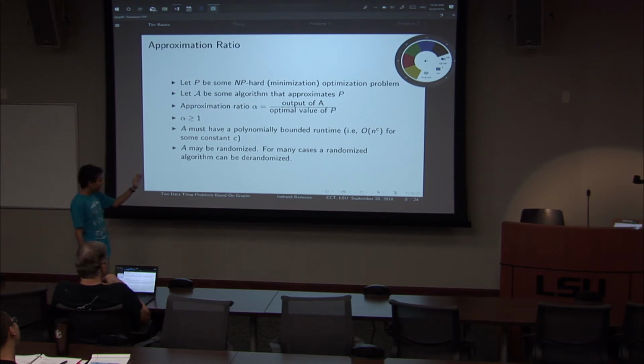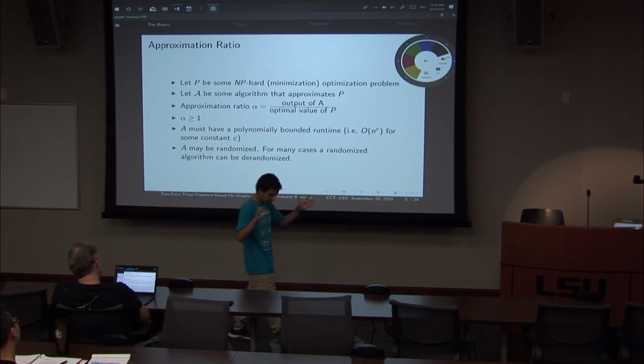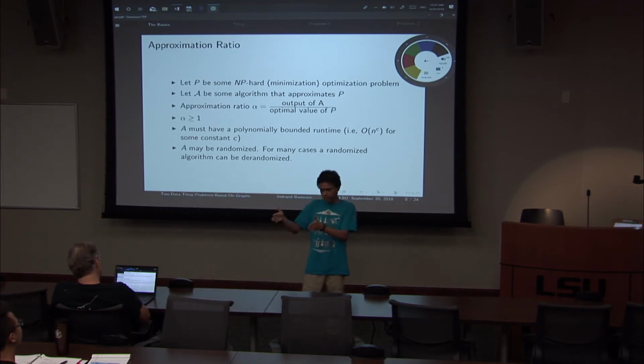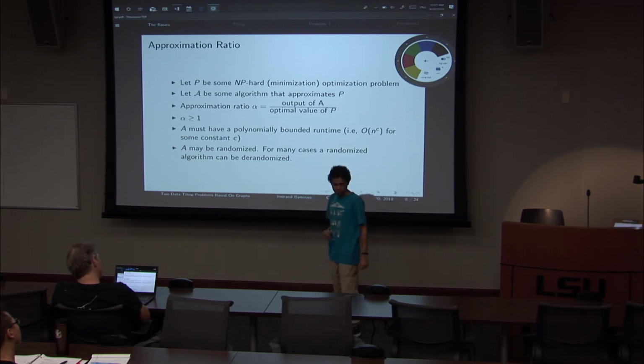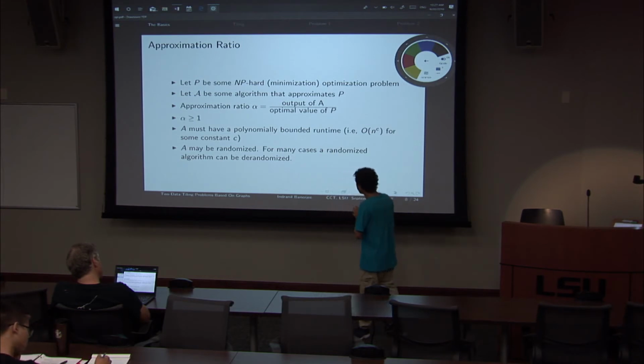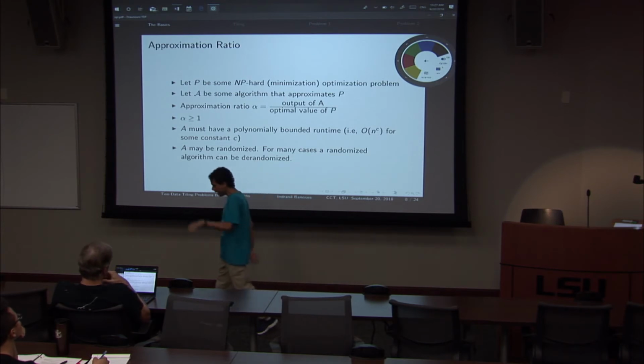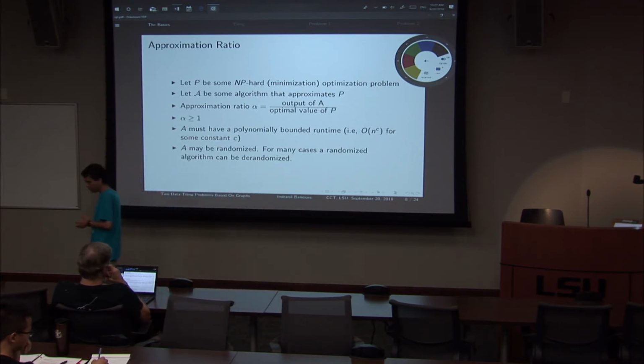For coloring, you are given a graph, and the question is, what is the minimum number of colors you need to color the graph? That would be the optimal value for P. And the output of A is something else. The ratio is the approximation ratio for that algorithm.